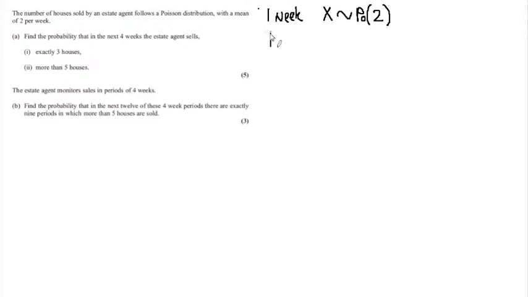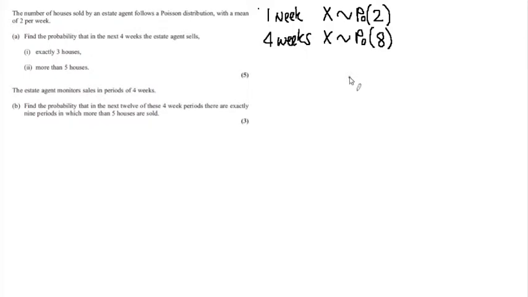So over 4 weeks, that means that it will still be distributed with a Poisson distribution, but we will expect 4 times as many house sales, so we're going to have a Poisson mean of 8.